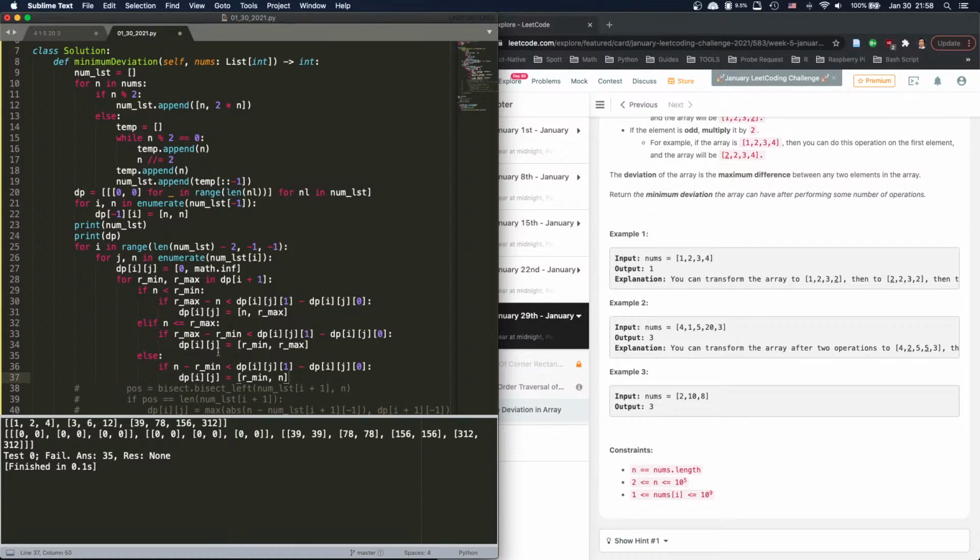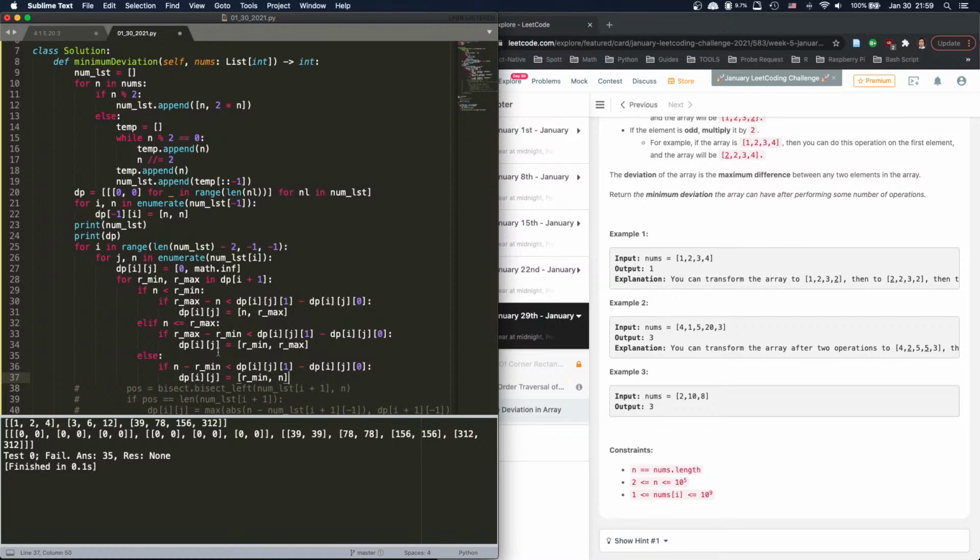We're going to find out the new range, and if the new range is smaller than my current range, then my current range will swap to this new range, and then we go for the next one and see if it's going to be smaller.